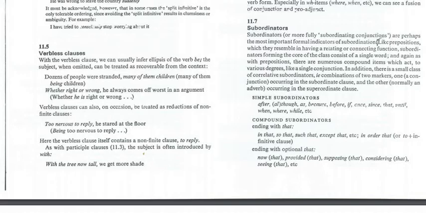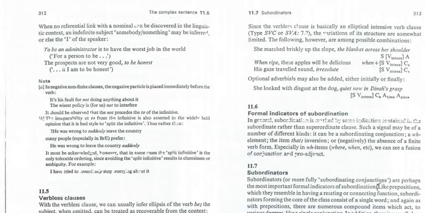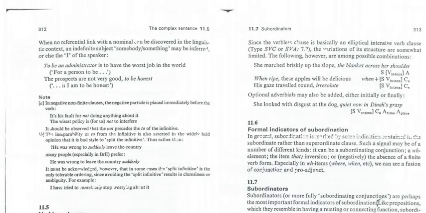Now what else? Since the verbless clause is basically an elliptical intensive verb clause, with the intensive verb omitted, the patterns subject verb complement or subject verb adverb can be among these types. The variation of its structure is somewhat limited.